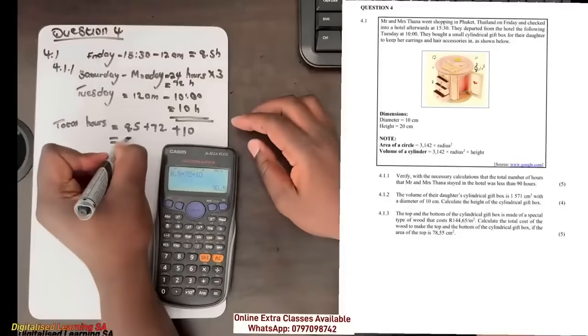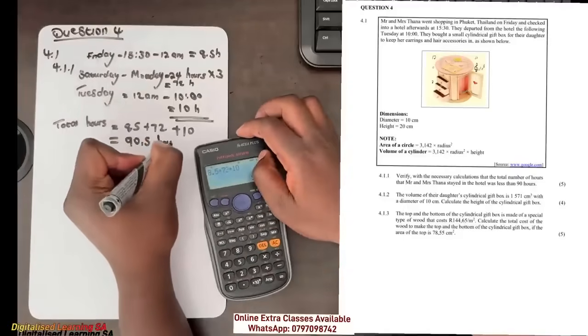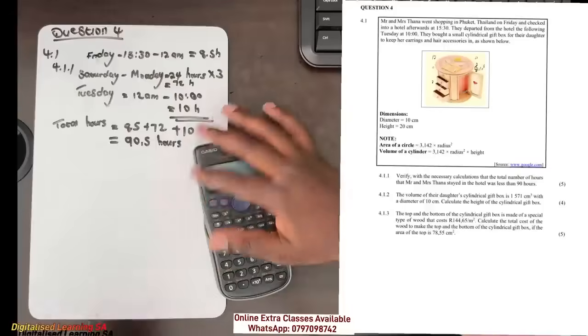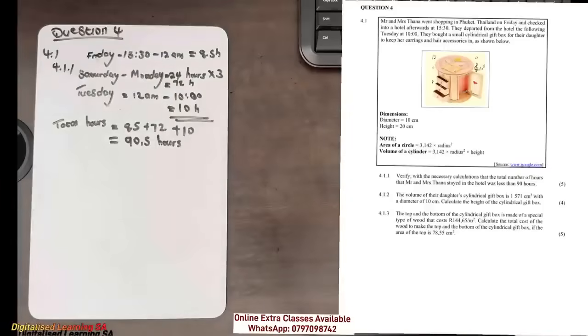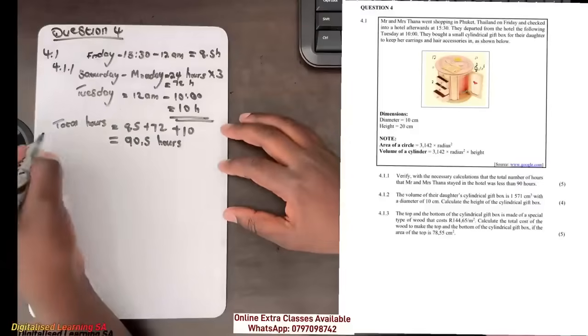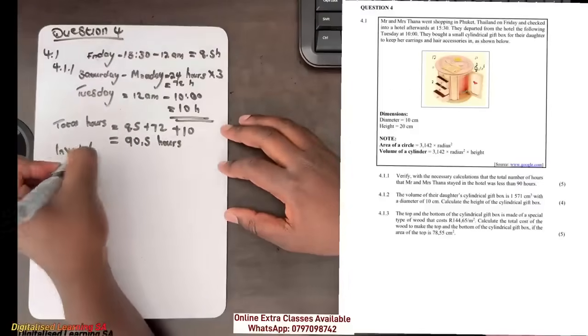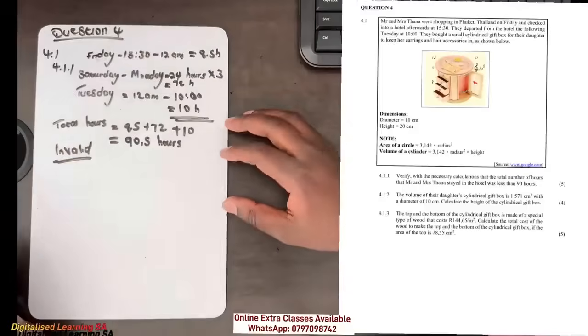So it will be 90.5 hours, and this is more than 90 hours. The question says that verify with the necessary calculations that the total number of hours that Mr. and Mrs. Turner stayed in the hotel was less than 90 hours. So the statement is invalid because it is more than 90 hours.